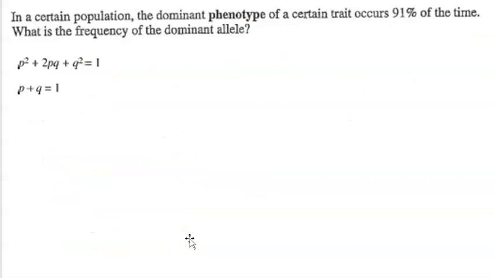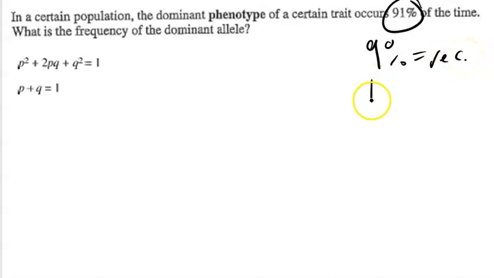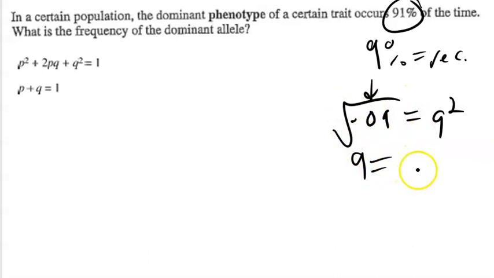Last problem. In a certain population, the dominant phenotype occurs 91% of the time. That means 9% equals recessive. Okay? That means 0.09 equals Q squared. How do we figure out Q? We take the square root of 0.09, which will give us 0.3.